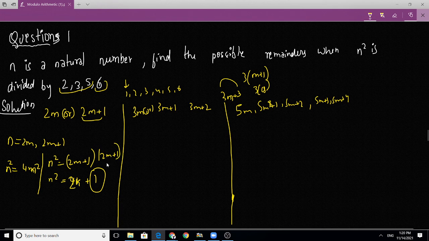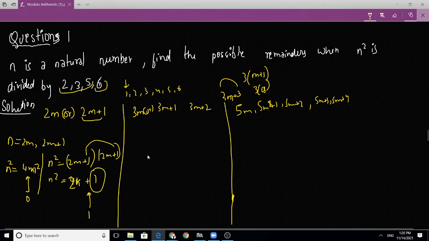So if I want the remainder, I get 0 and 1. So when n square is divided by 2, in the first case you get the remainder 0. In the case of the second, you get the remainder as 1.